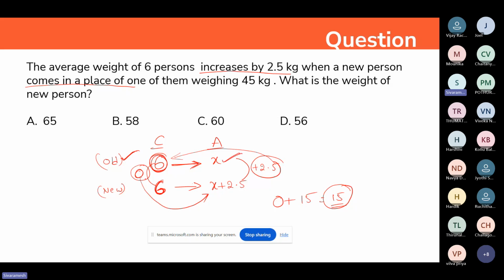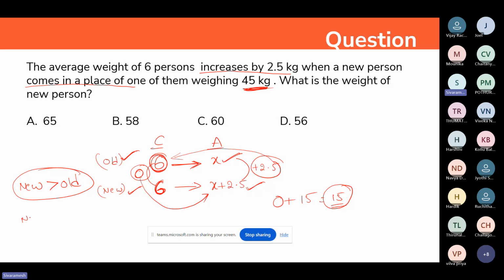When the new person comes, the average increases. Basic logic: when the new person is replaced, obviously the average gets increased. So from this understanding, I can say that the new person's weight is greater than the old person's. If you understand this logic, obviously they have given that the old person's weight is 45.